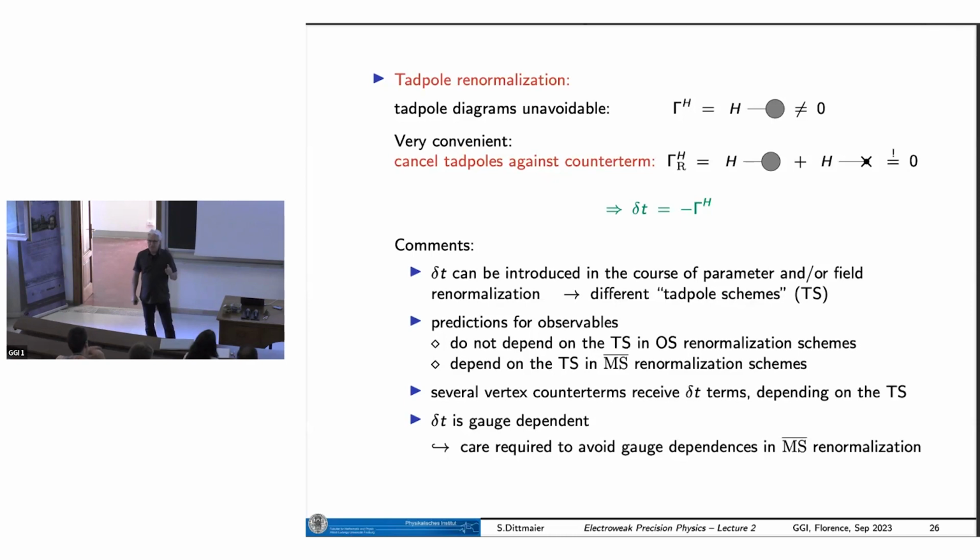But it's always good advice to remember tadpoles are a non-trivial subject. So if you start to do calculations at higher order in electroweak theory, at least you should know where the tadpoles go. Do they matter or not? As I've said, it depends on the renormalization scheme for the rest of the parameters. So if you want to know more, either you contact me or you look into the slides.